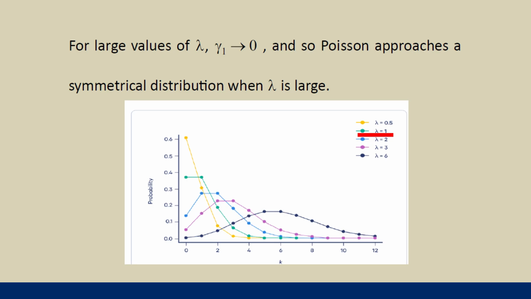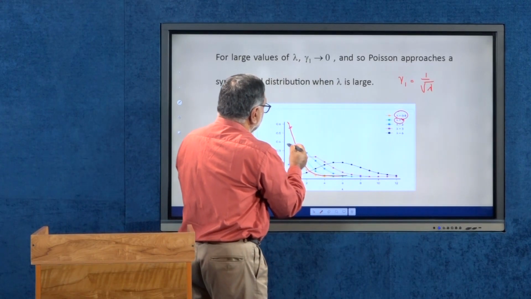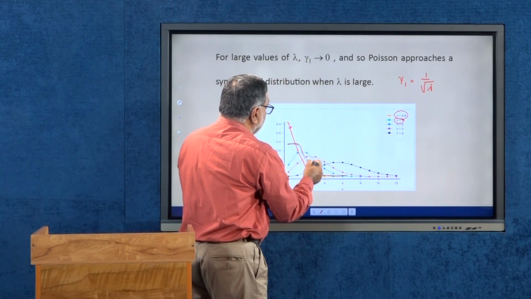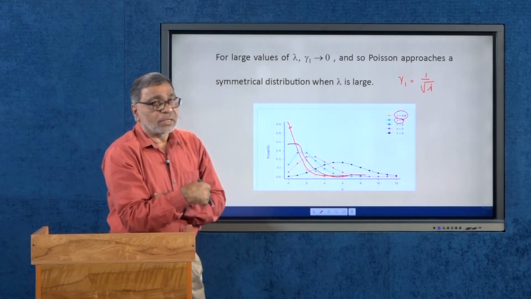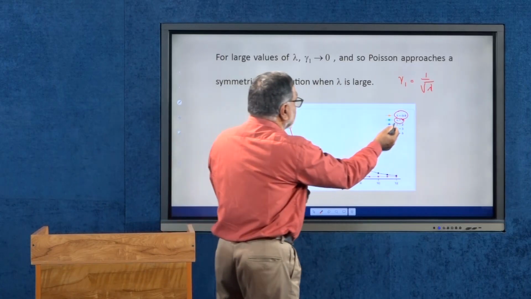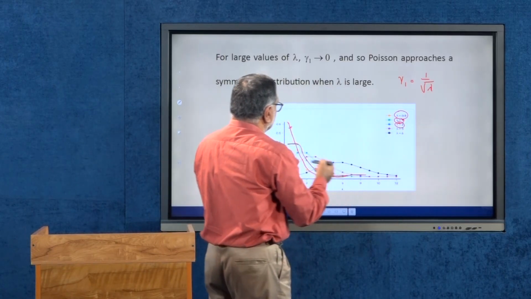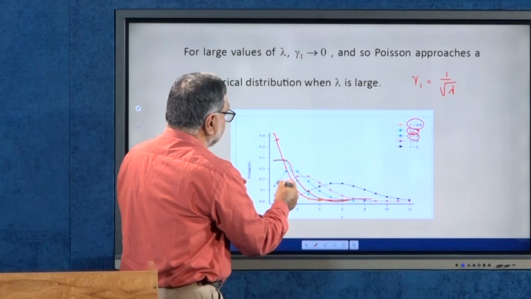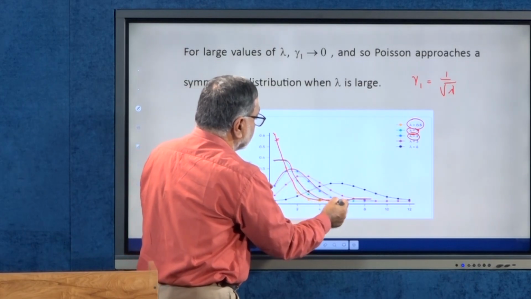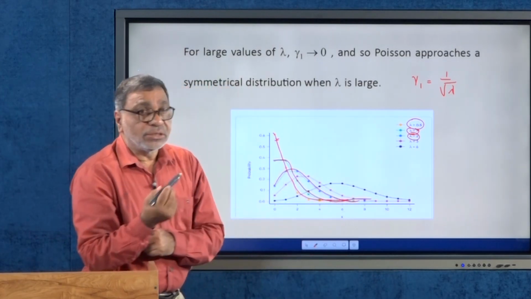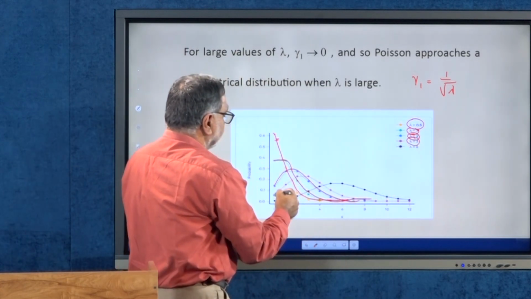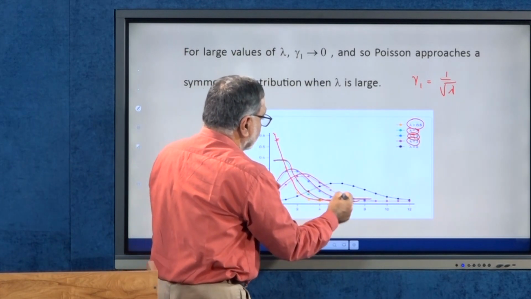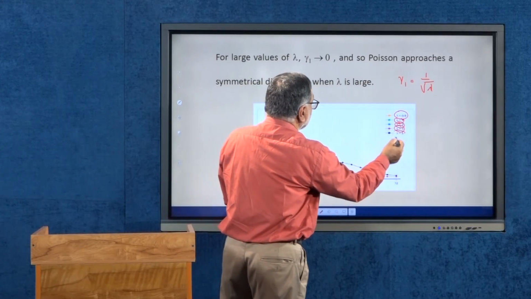When lambda is equal to 1, the probability mass function values are like this. Then lambda is equal to 2, that is increasing, lambda is again increasing, and lambda is equal to 3, this is like this, and lambda is equal to 6.